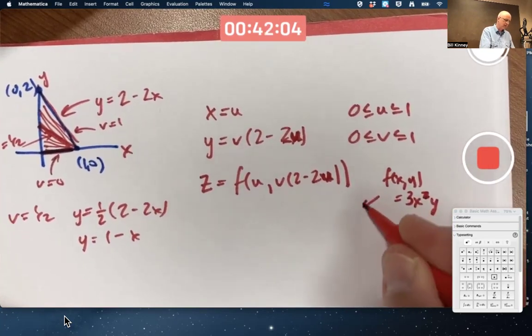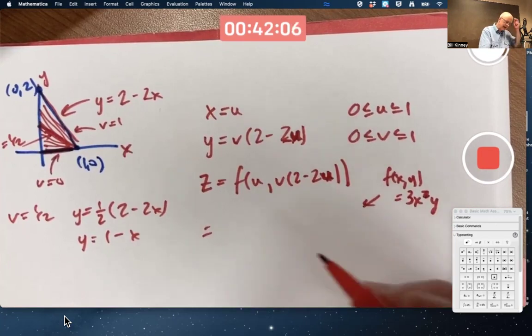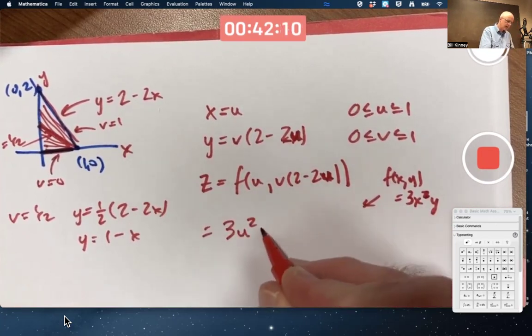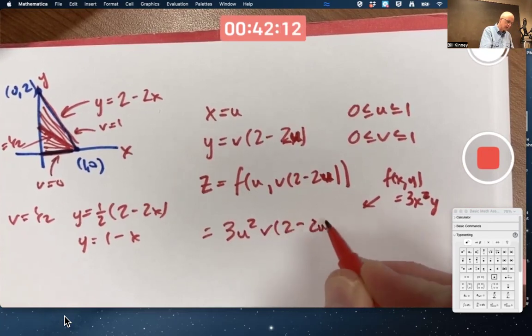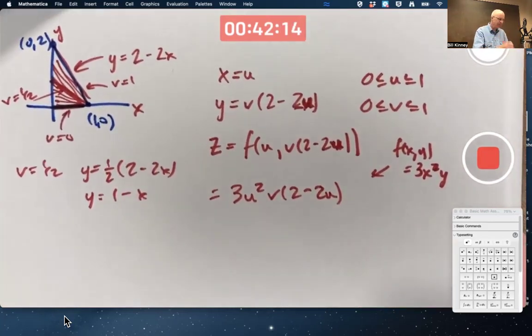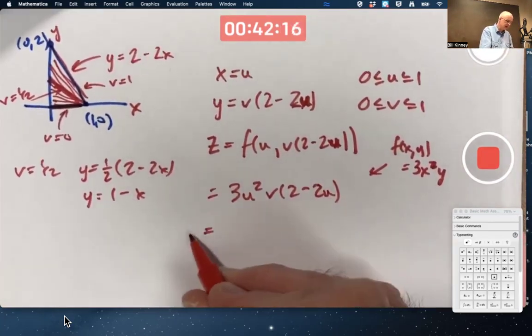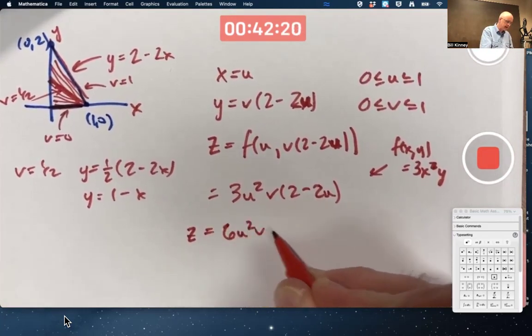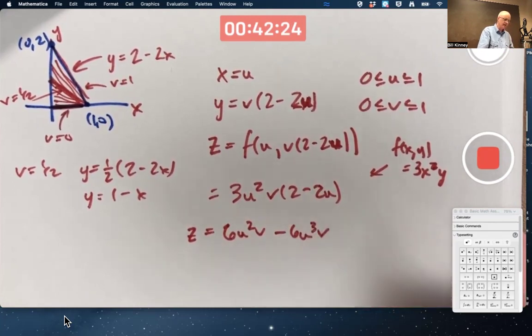So I got to use that now. Replace x with u, so I get 3u squared, and then y with v times (2 minus 2u). Simplify if you like. z is going to be 6u squared v minus 6u cubed v.